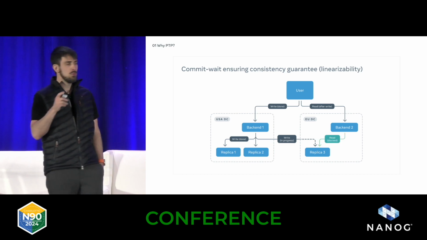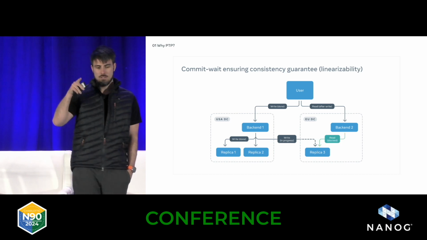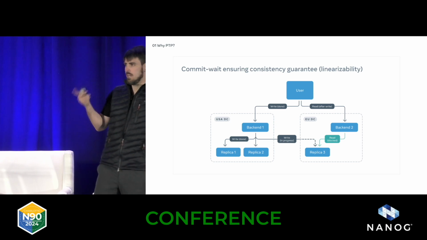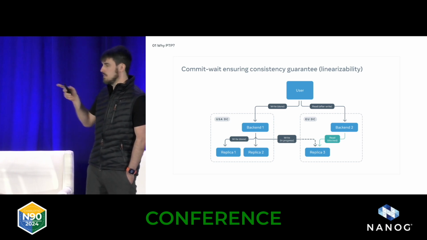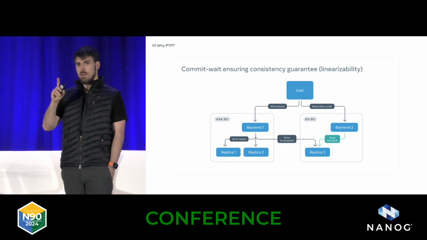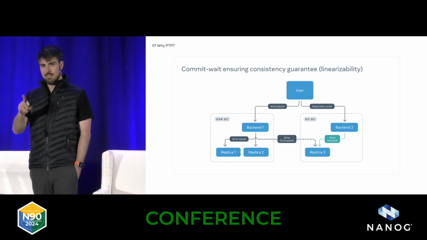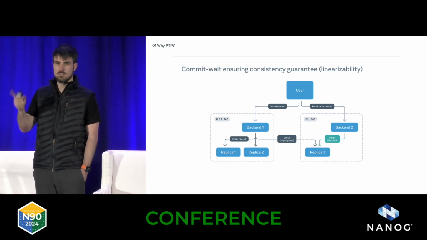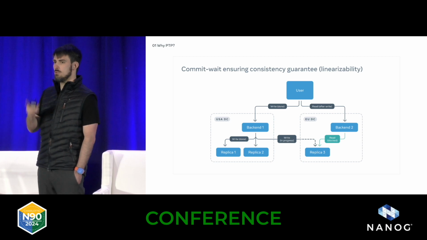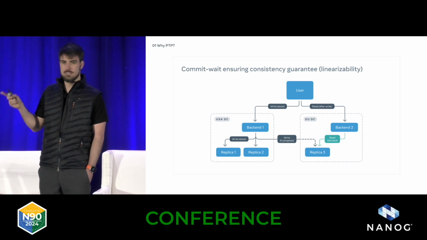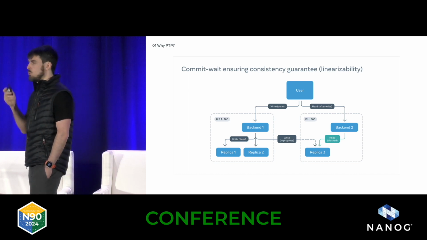Now imagine you can do something better: when you issue a read to backend 2, the database replica 3 in this case will tell you, hold on, I don't have this data yet, but I know it's coming, so just stick around for a few microseconds or milliseconds, and you will get your data. You can implement this if you trust your timestamps.